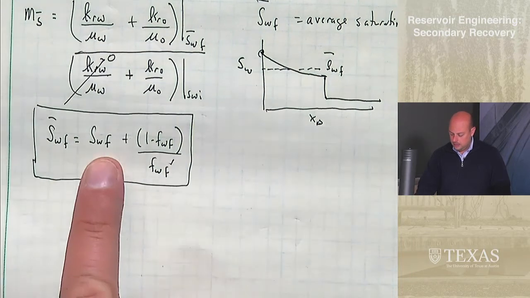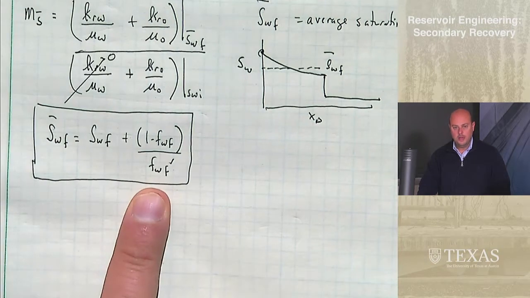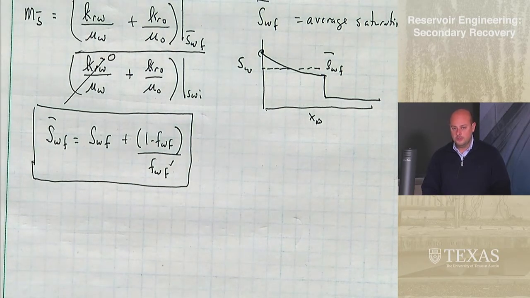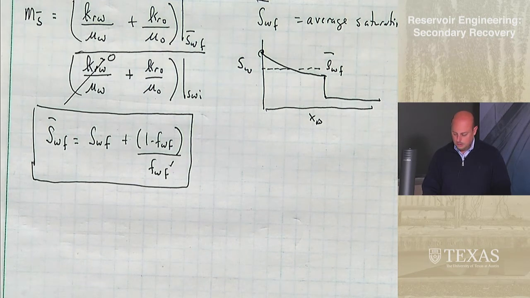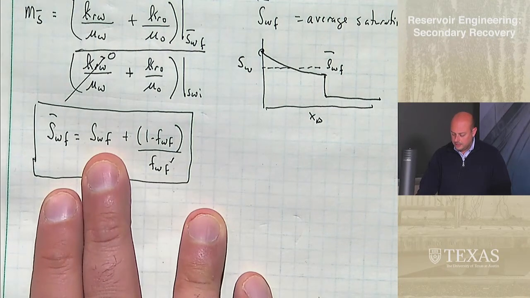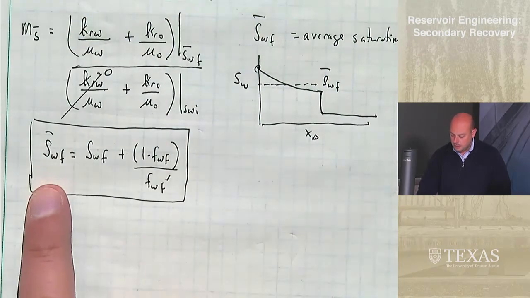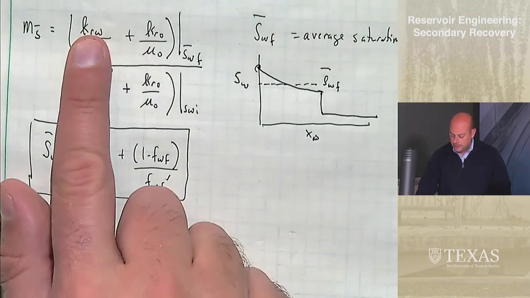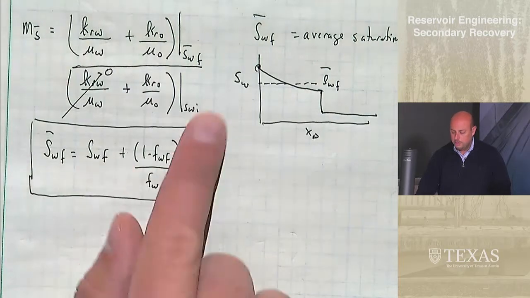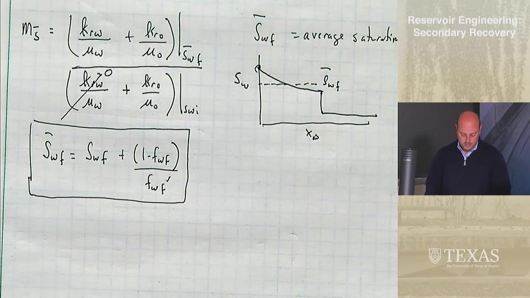We calculate our front saturation or front fractional flow and our derivative of fractional flow from the fractional flow curves. You're probably going to need the dimensionless time to calculate FWF prime. You use it to calculate SWF, you use it to calculate FWF, and then you get this. Then at this saturation, you can calculate your relative permeability of water and oil. Okay, so that's how you get this.